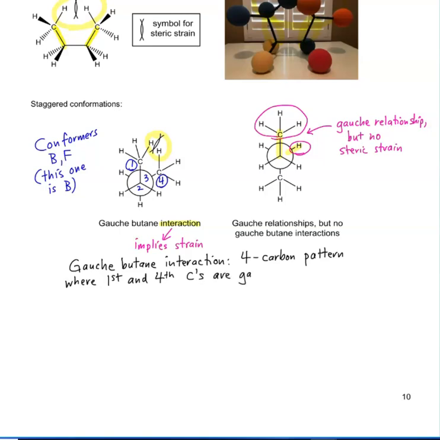So a 4-carbon pattern where the first and the fourth carbon in the pattern are gauche. The hydrogens on those carbons are too close. And this is what causes steric strain.